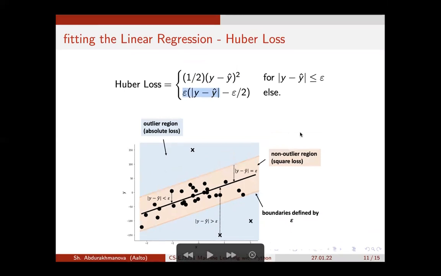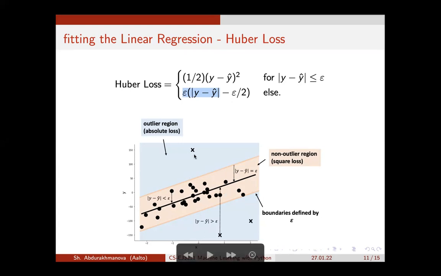So we need to choose some kind of threshold epsilon, and depending on this threshold epsilon, we can define two regions of the parameters. Those data points which are in the region that is closed by this threshold are going to be known as non-outliers. And we use mean squared error to compute the loss for these data points.